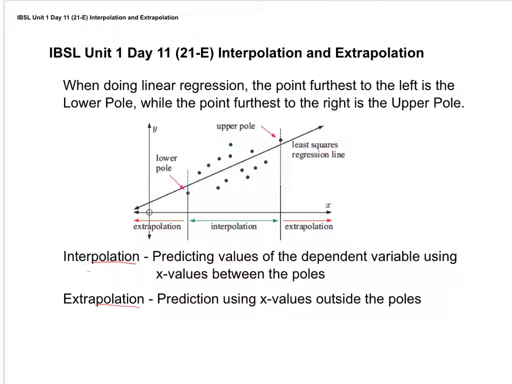And if you think about the terms here, and you understand the prefix, it makes sense. Inter means between or within. All right, so interpolation is when we're going to try to predict values of that dependent variable by plugging in different values of the independent variable.